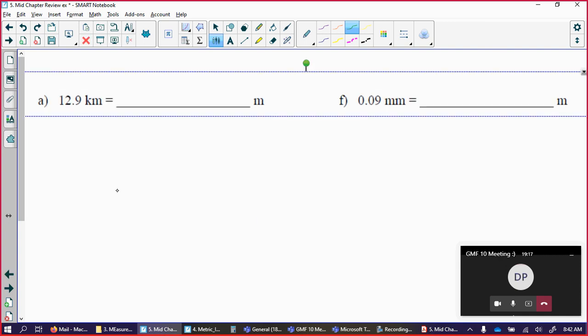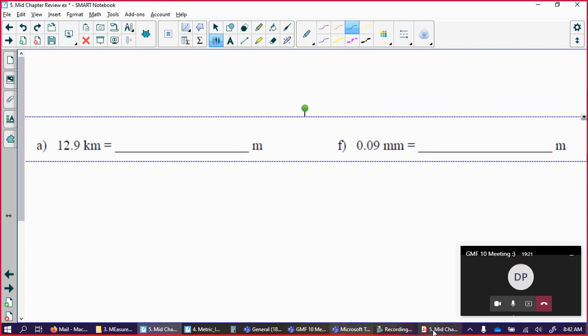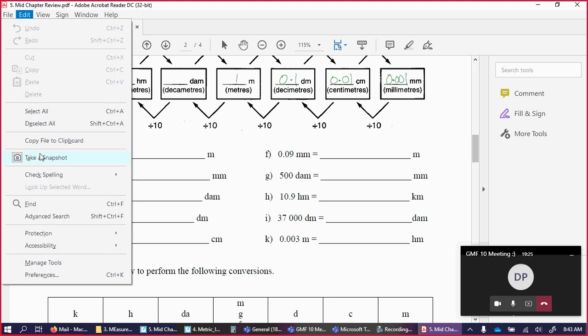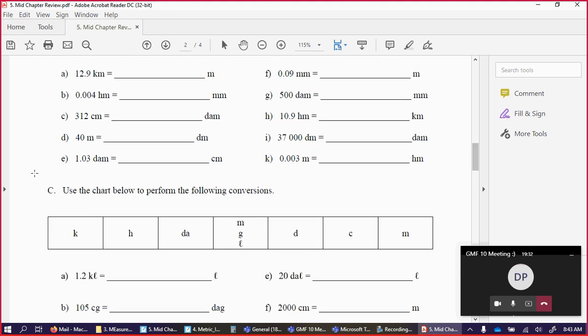Then we have our metric conversion, which I should have. I'll go steal one thing out of here. I'm going to steal this one because it's a little bit more universal. What is going on? Why are you not letting me take a snapshot? That's unfortunate.